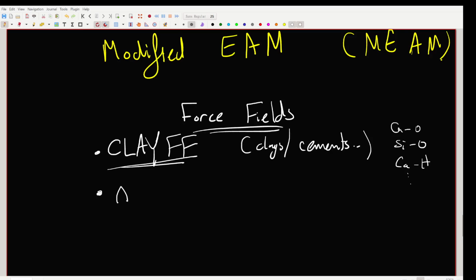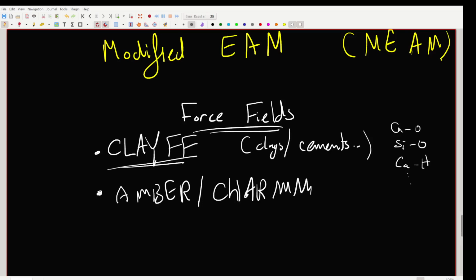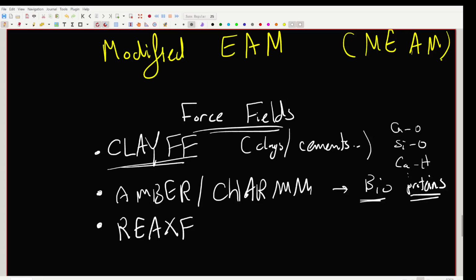Other famous force fields, you have AMBER, you have CHARMM, and others. Of course, we are not trying to make a comprehensive list here. These are for biomolecules, rather than biomaterials. For example, for proteins, carbohydrates, nucleic acids, and so on. You also have one force field, ReaxFF, reactive force field. It is supposed to do some chemical reactions, in a sense, some sort of simplified quantum mechanics, if you wish.